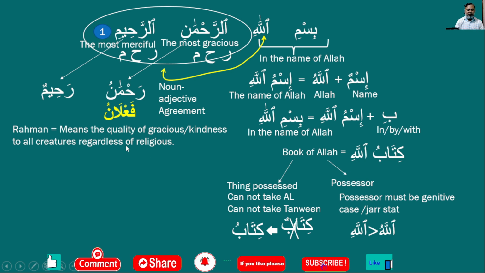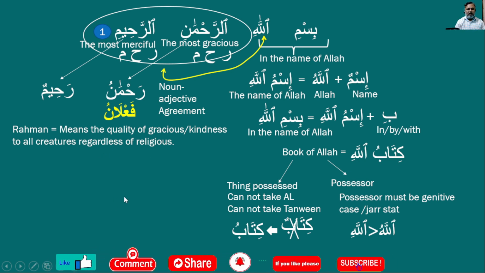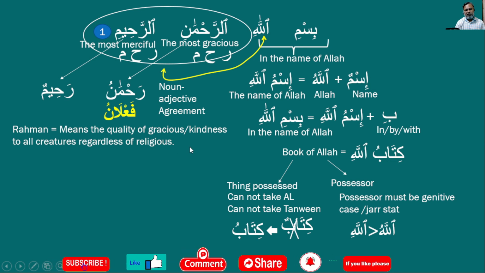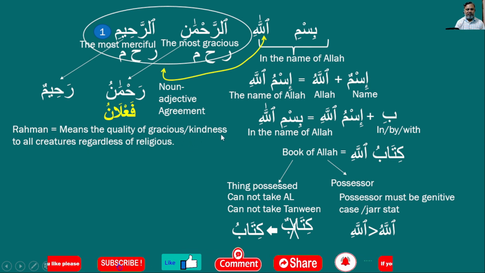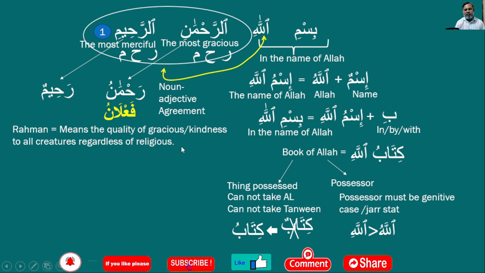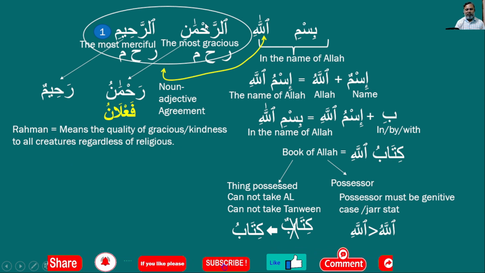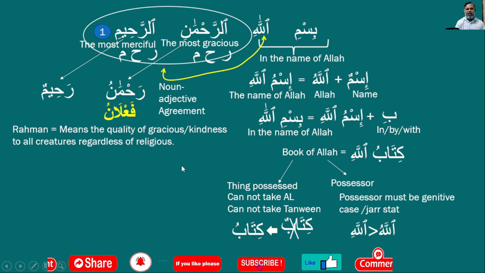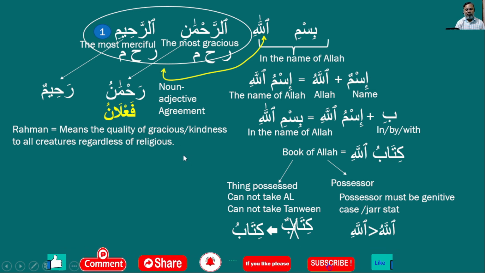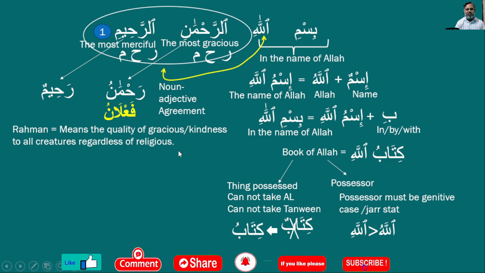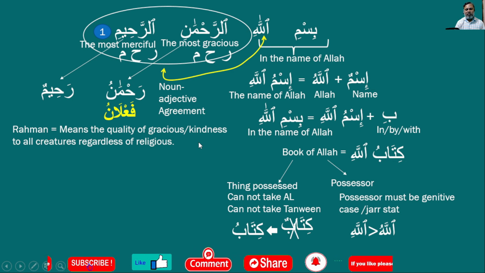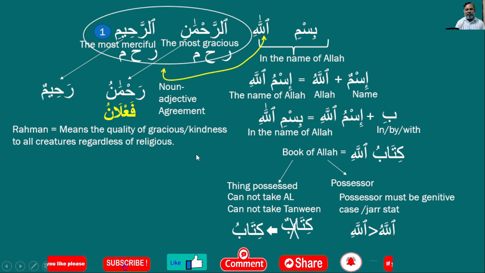Now the actual meaning of Rahman is the quality of kindness to all creatures regardless of religion. Rahman is the quality of kindness of Allah that is applicable to every human being and every creature in this universe. Allah doesn't care about religion or anything.